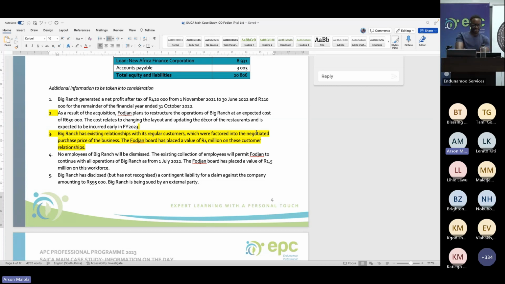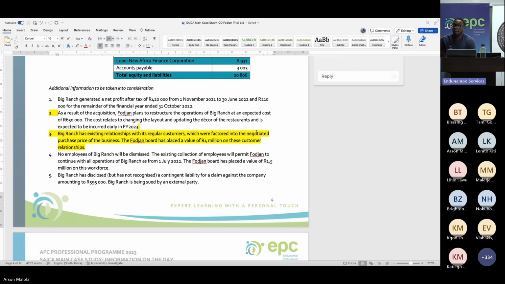So I just want to check the comments just in case there's anything else supplementing what you said. Okay, Choga agrees. How is the value determined? Okay, I want to unpack Mthembu's point. Comment at the back.